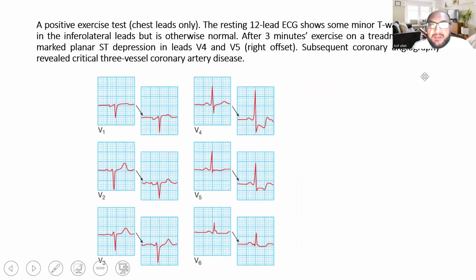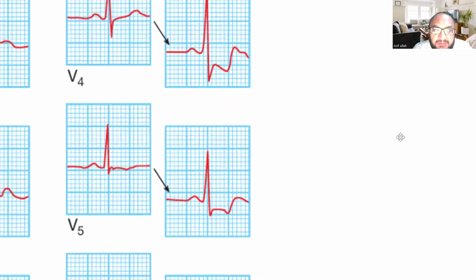This is a positive stress ECG, chest leads only. Minor T wave changes in inferolateral leads, but after 3 minutes of exercise on the treadmill, you can see V4 and V5 showing planar ST depression.